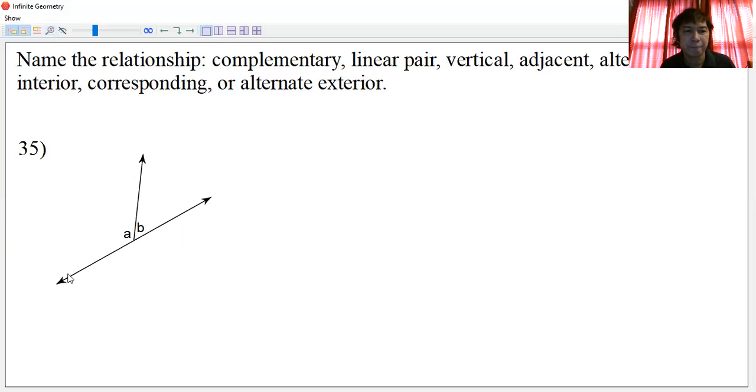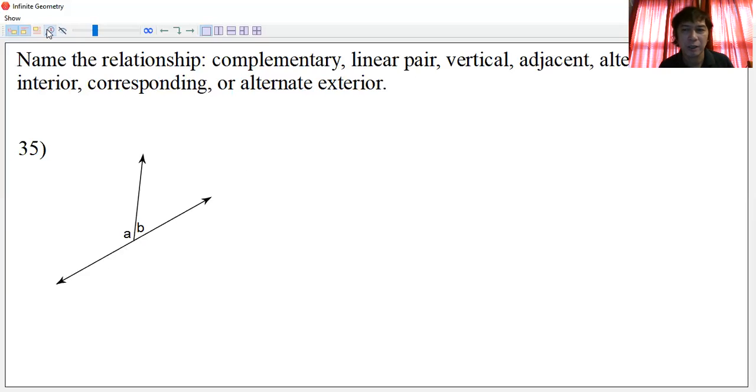Next, this looks like adjacent. They are, but the two non-common sides form a straight line. You call this linear pair. I hope you can differentiate a simple ordinary adjacent from a linear pair.